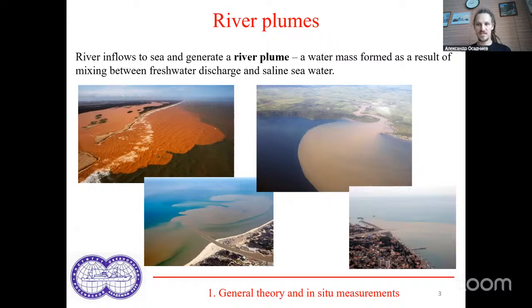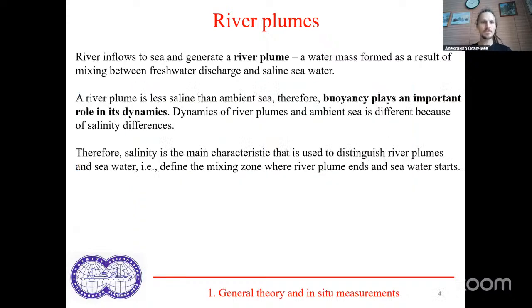That gives us the opportunity to study river plumes very well because they are easily detectable from saline seawater. Here you see different river plumes in different parts of the world, and you can see that they have very complex and different shapes, and we will speak about that today.